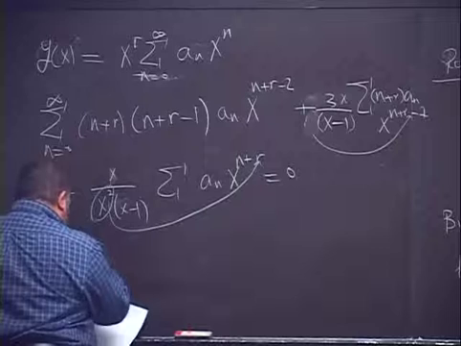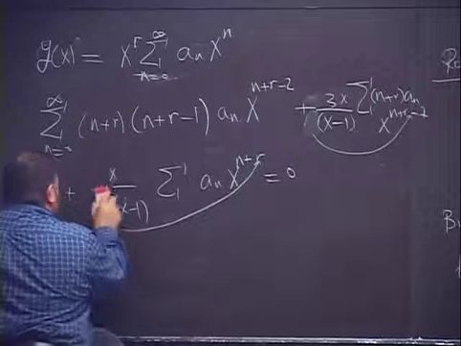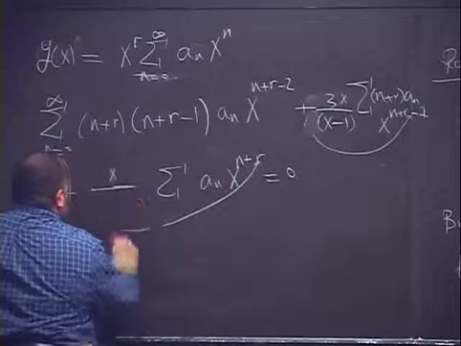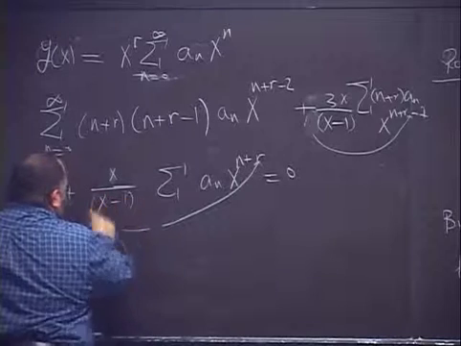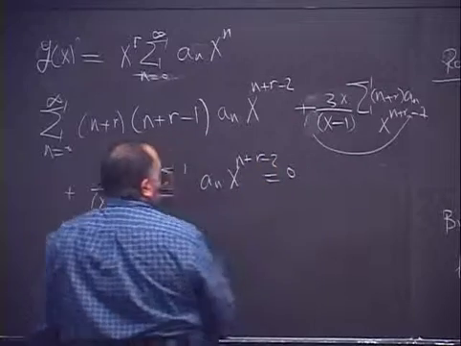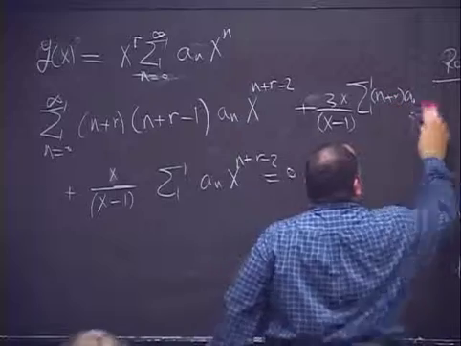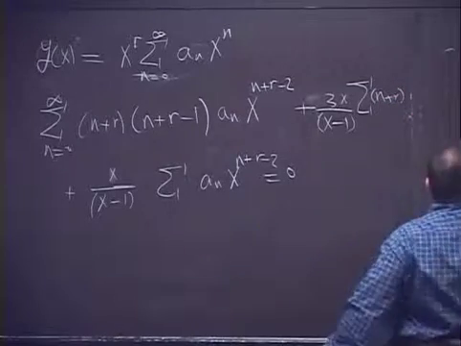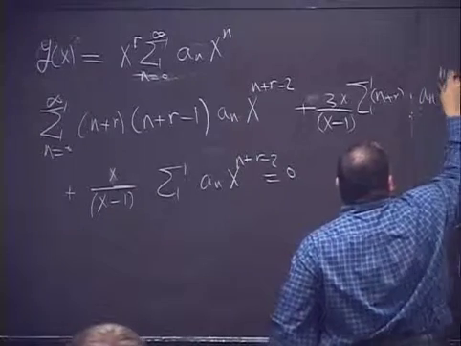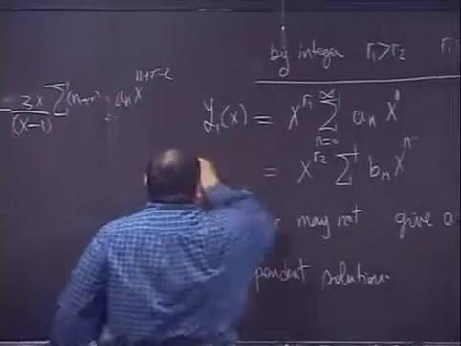So the final formula will be x divided by x minus 1, and this is r minus 2, and this will be n plus r minus 2.